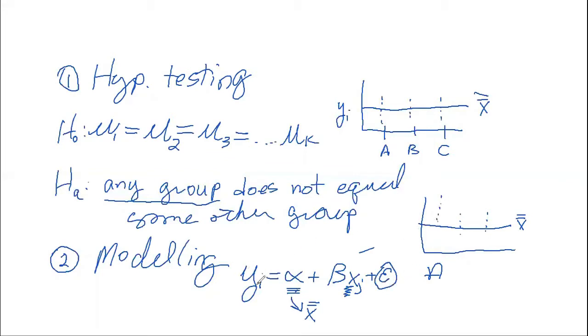So any y is a function of the overall mean plus the effect of being in a particular group, and then errors. So you don't always equal the mean of that particular group.